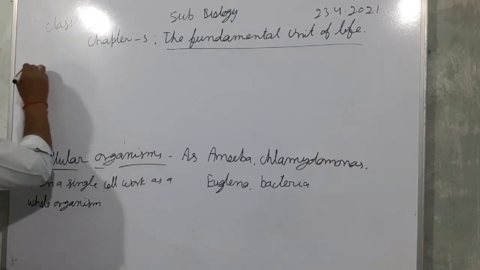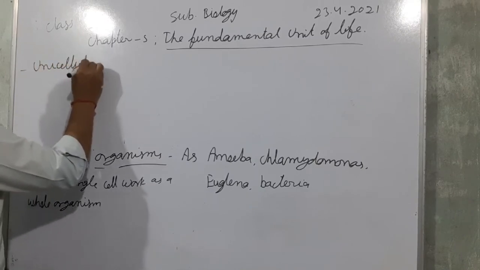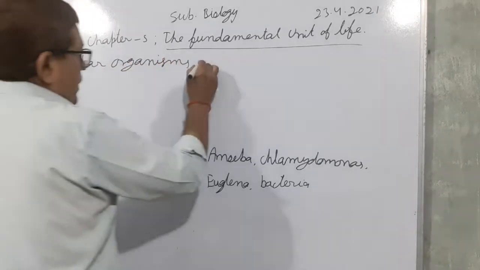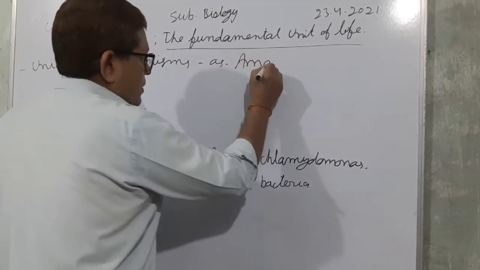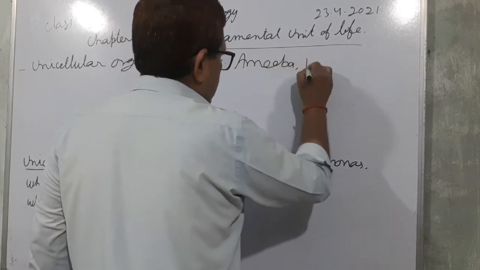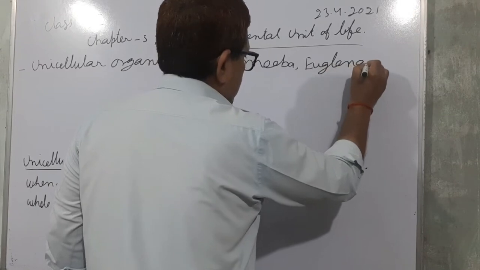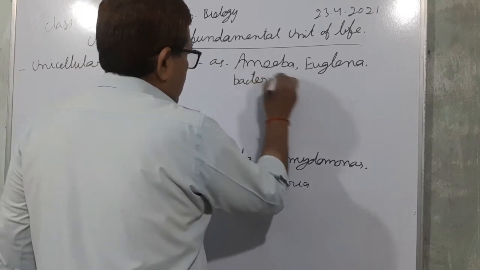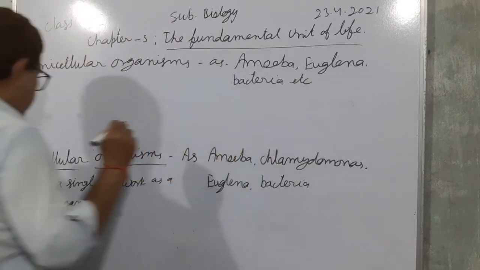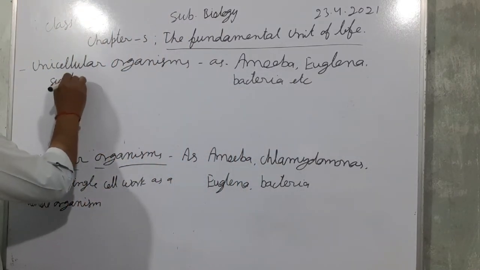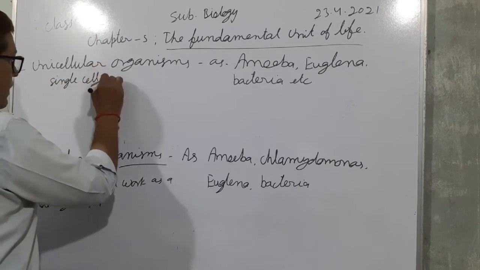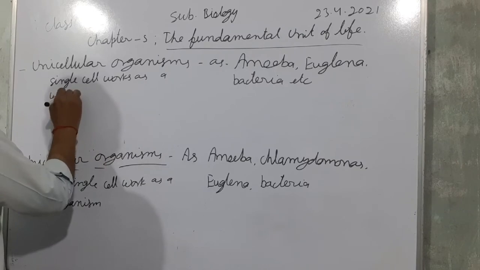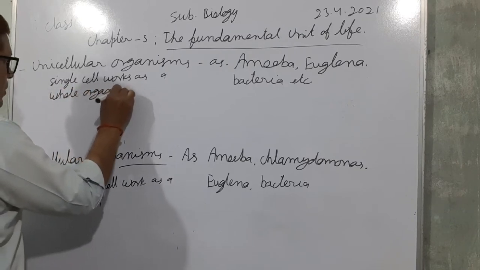So first we have written unicellular organisms such as amoeba, Euglena, bacteria, etc. And here a single cell works as a whole organism.